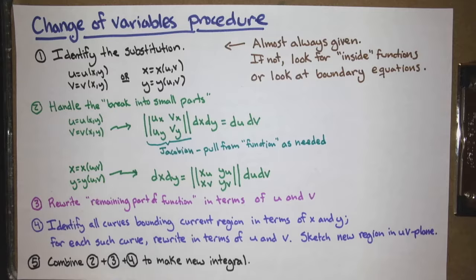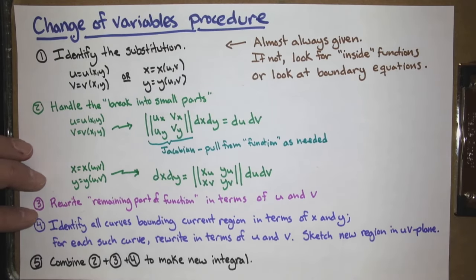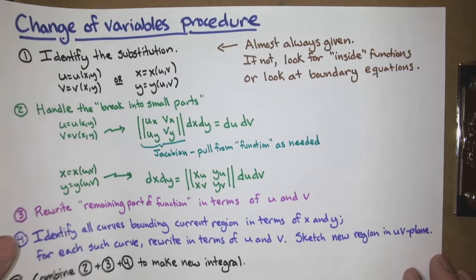Once you have each of those curves, rewrite the equation for those curves in terms of u and v. Those are your new curves that bound your new region, and if you draw it, your region will pop out. Once you have those 3 parts, those are your 3 parts of every integral, you combine and you're done, at least with the rewriting. Okay, so that's the plan.